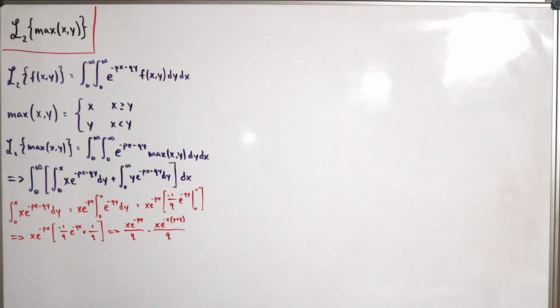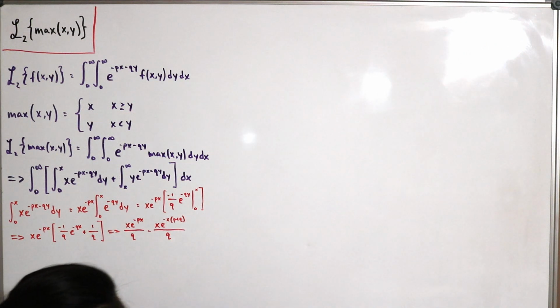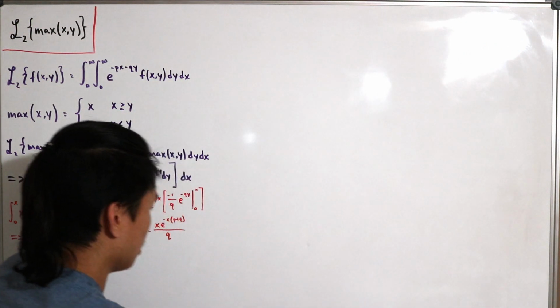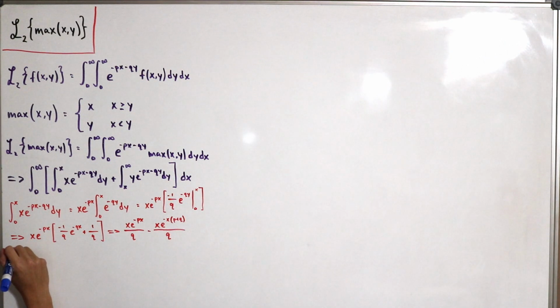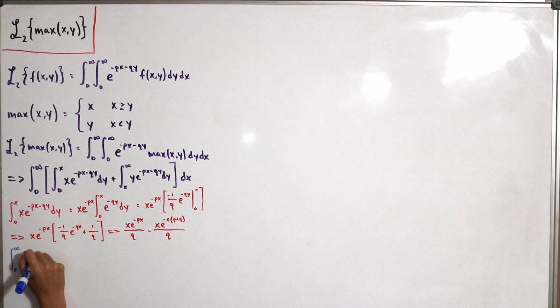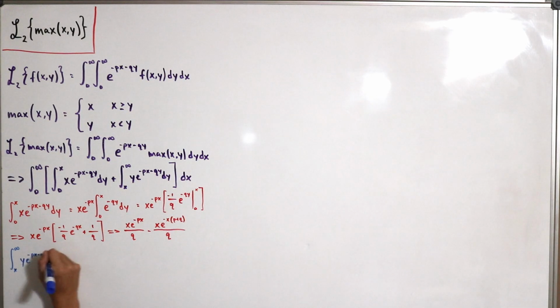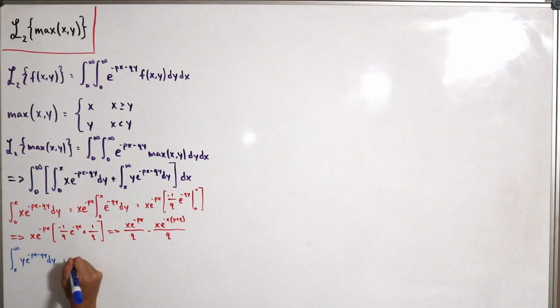All right, so now the next integral we have to calculate is y times e to the negative px minus qy dy. So let's jump into that. This is from x to infinity of y e to the negative px minus qy dy.